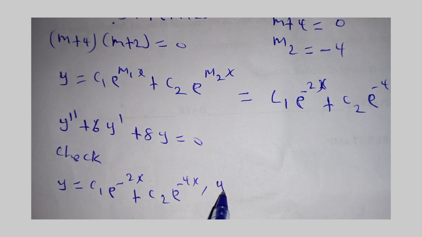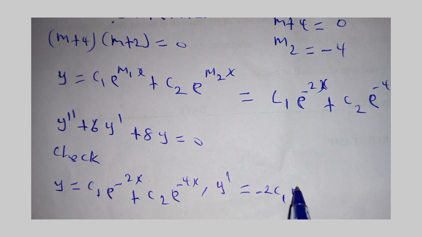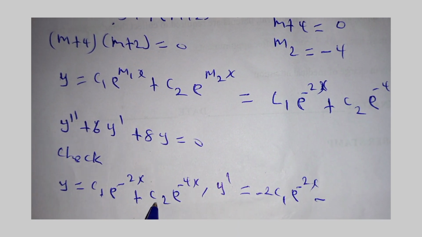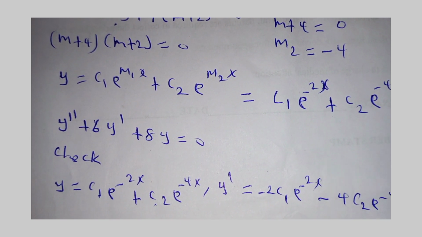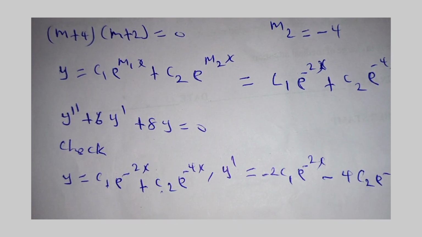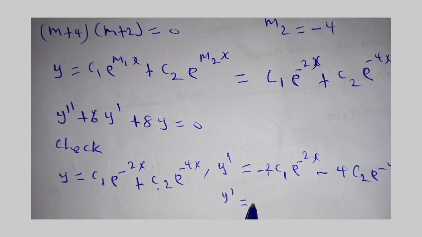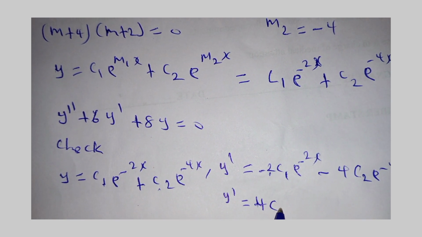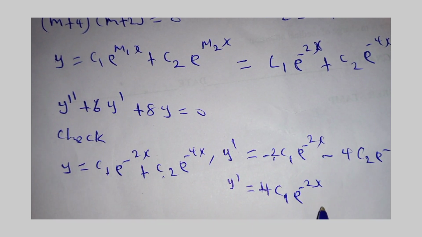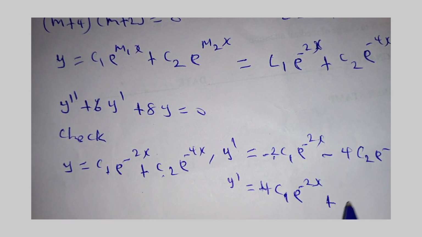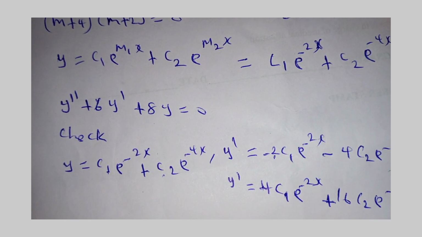Then we get y single prime, which we get by differentiating this, giving negative 2c1 exponential negative 2x minus 4c2 exponential negative 4x. Then you get your y double prime. This will become 4c1 exponential negative 2x plus 16c2 exponential negative 4x.